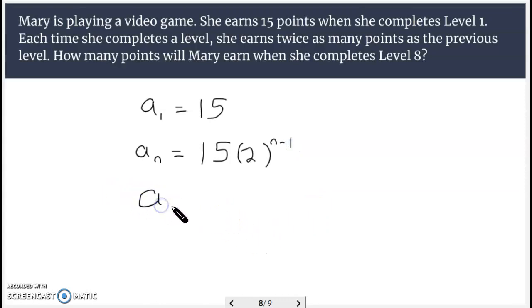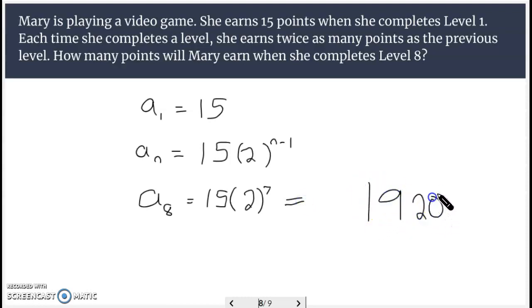There's our initial amount. Now we're interested in level 8. 15 times 2 raised to the 7th power, because 7 is 8 minus 1, and we plug that into the calculator. We get 1,920. She'll get 1,920 points when she completes level 8.